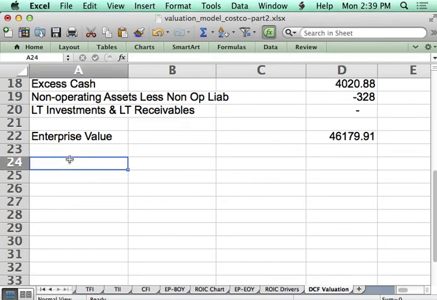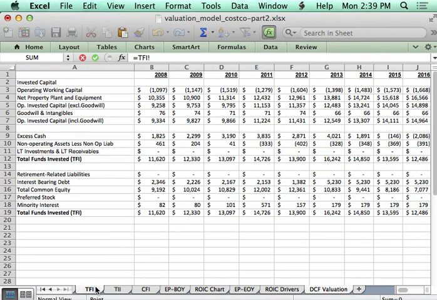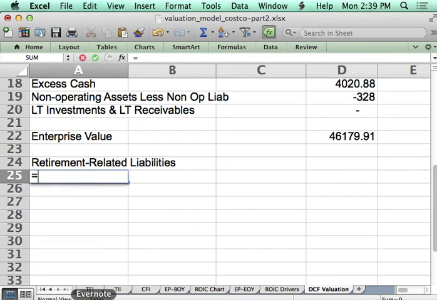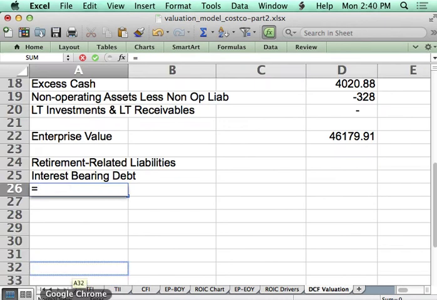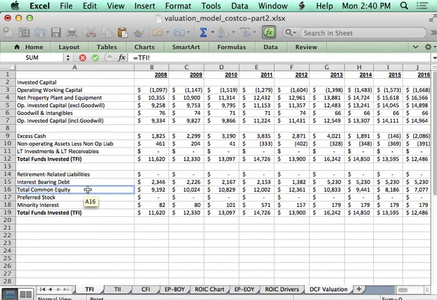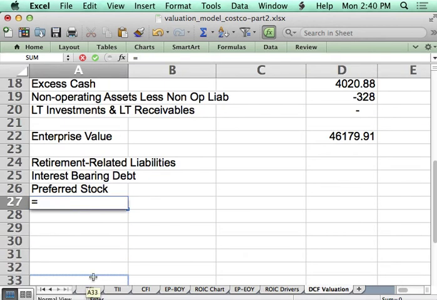So, again, TFI. On my TFI tab, I have my debt equivalents, so retirement-related liabilities and interest-bearing debt. I have my non-common equities, so I don't want to pay off the common equity because I'm solving for that, but preferred and minority interest.